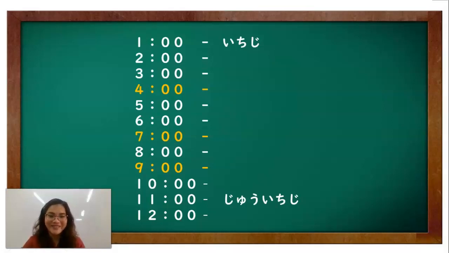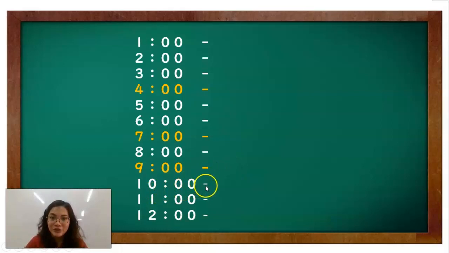Okay, now for the next one, let's remove the last 2. So are you ready? Okay, so issho ni yonde kudasai. 1 o'clock is 1時. 2 o'clock is 2時. 3 o'clock is 3時. 4 o'clock is 4時. 5 o'clock is 5時. 6 o'clock is 6時. 7 o'clock is 7時. 8 o'clock is 8時. 9 o'clock is 9時. 10 o'clock is 10時. 11 o'clock is 11時.